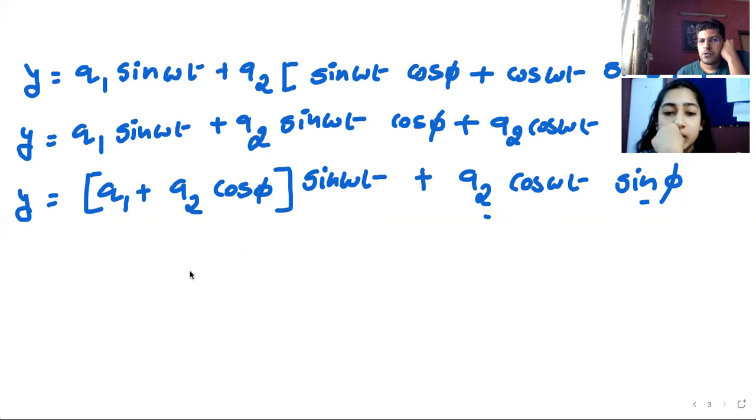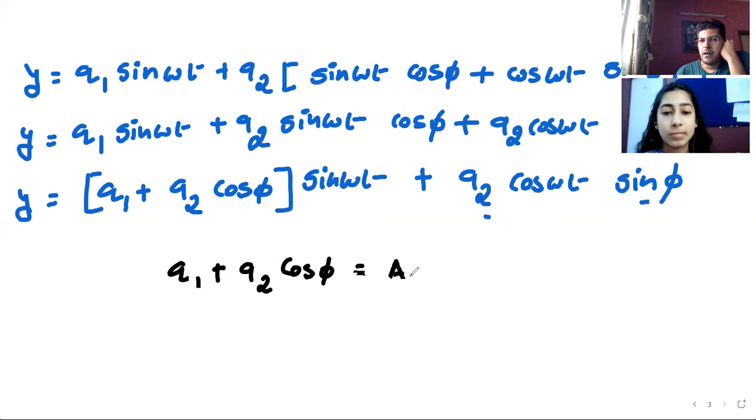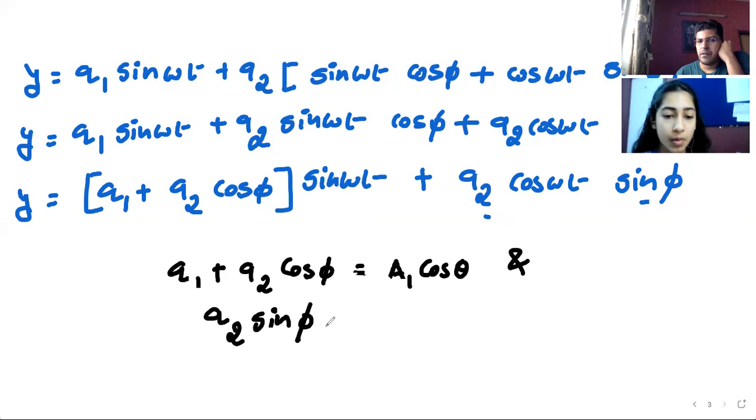So I'm mentioning that a1 plus a2 cos phi equals capital A1 cos theta, and a2 sin phi equals capital A2 sin theta.